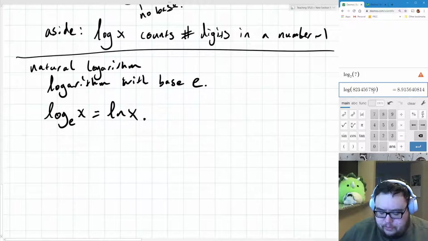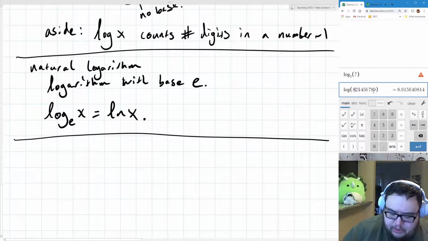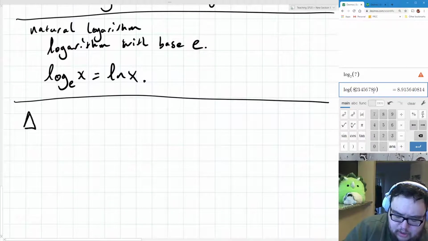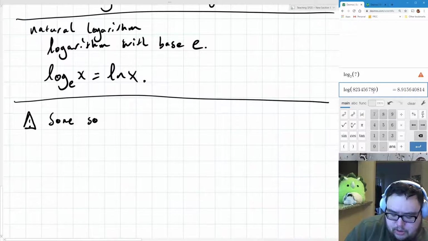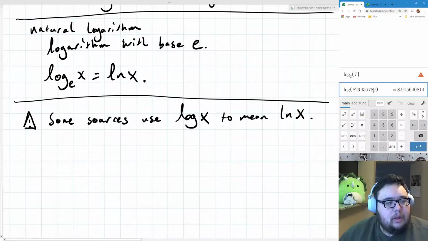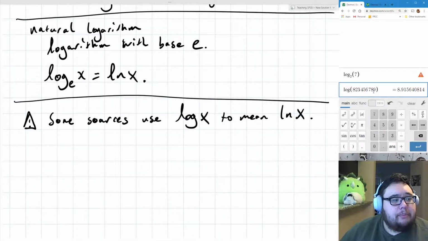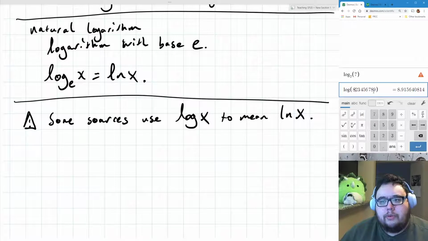So, a quick caveat. Beware: some sources use log x to mean ln of x. This is not the most common thing in the world, but it does show up, particularly in a lot of mathematics sources.